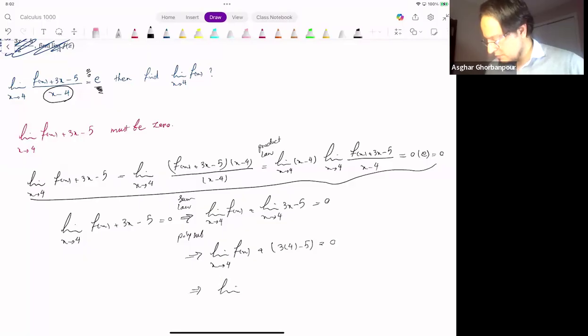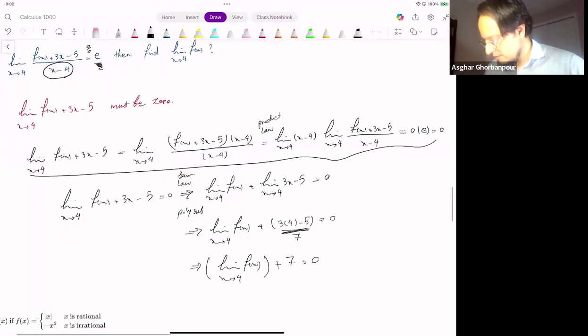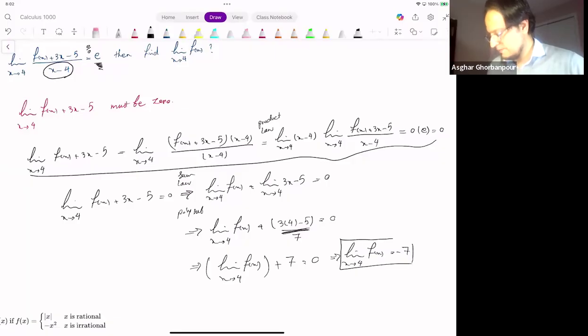So 12 minus 5 is 7, so the limit of f of x plus 7 is 0. That means the limit of the function as x goes to 4 must be negative 7.